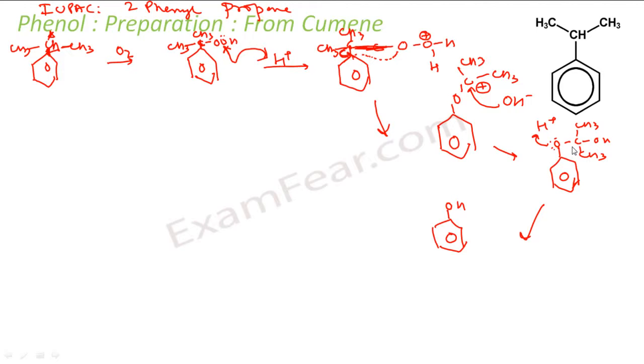The way it is kicked out is this becomes minus, this becomes plus. This bond breaks in this fashion. Plus C plus CH3, CH3, OH.